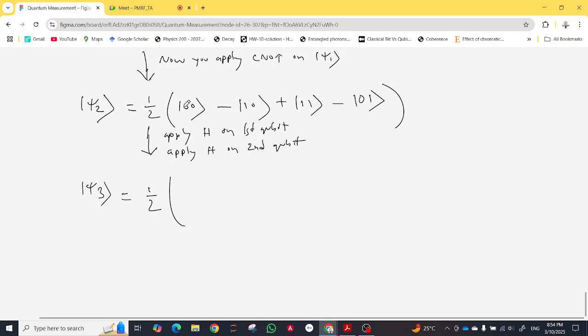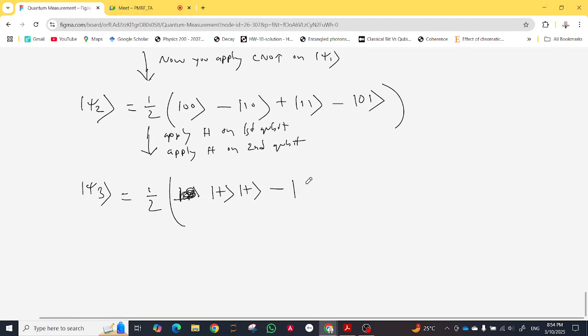So for the first qubit, 0 0 will be plus. So this state becomes plus. The second 0 will become plus, right? Minus.